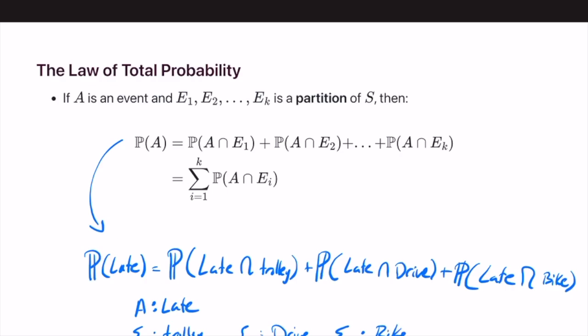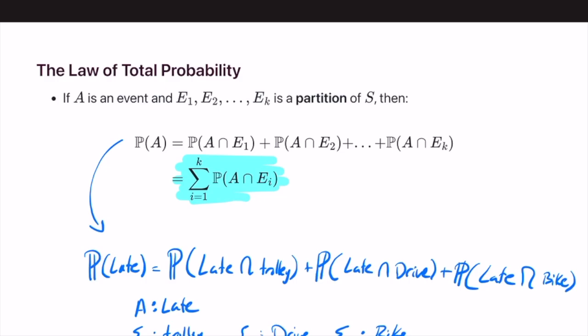We can express this in our notation as the sum from i to K of the probability of event A and the partition E i occurring. So that is the law of total probability, an extremely important law that we're going to use a lot in solving problems.